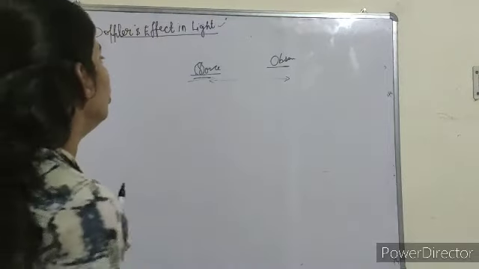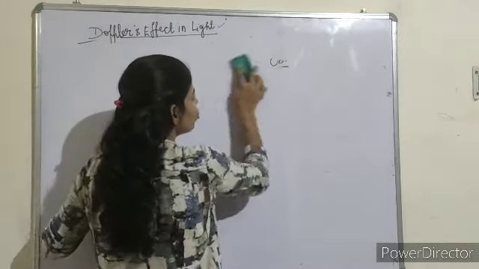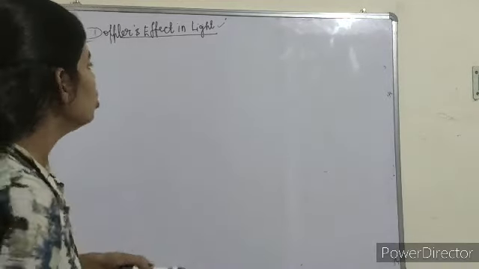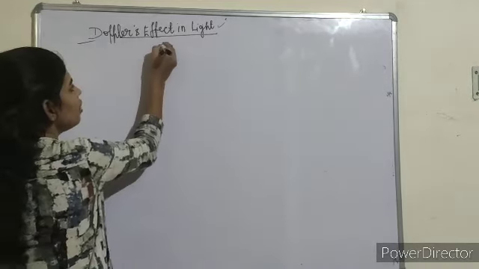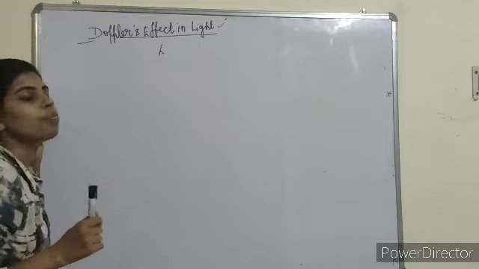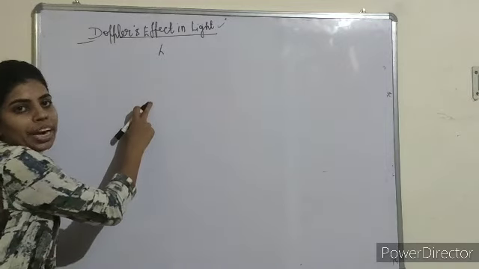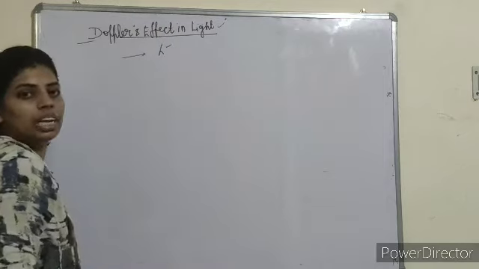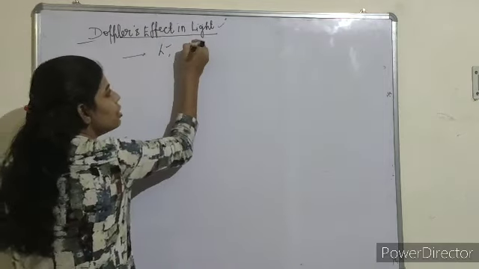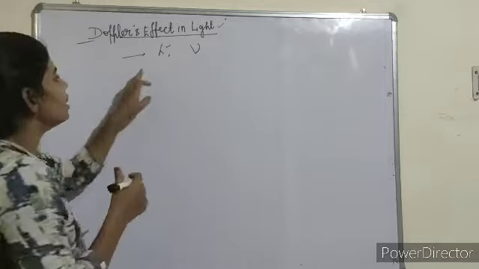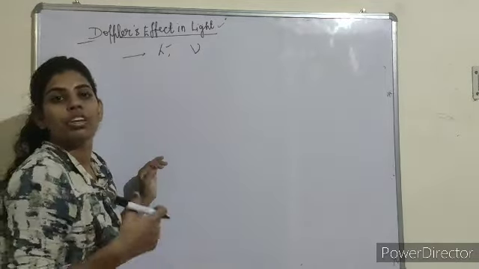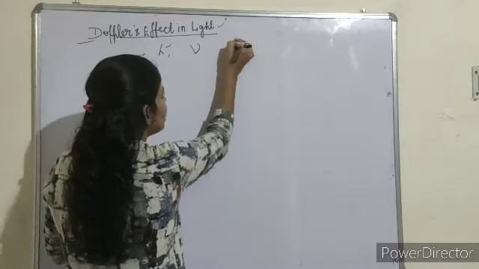Now suppose there is a source of light and the light waves emitted by the source have wavelength lambda, frequency nu, and these light waves are traveling through vacuum with speed of light c.